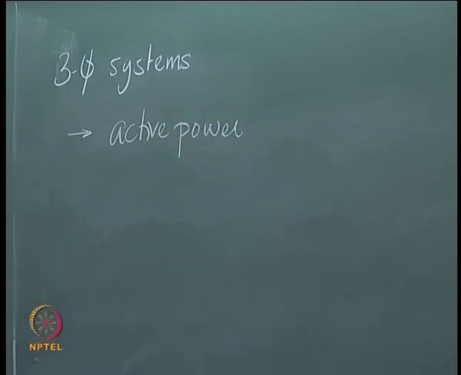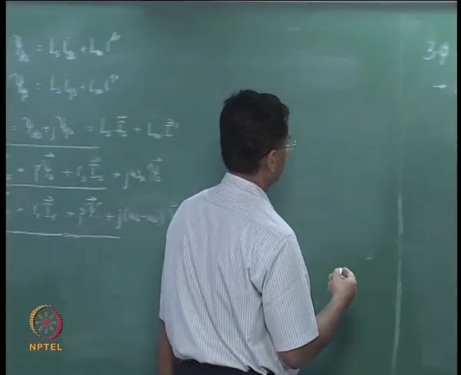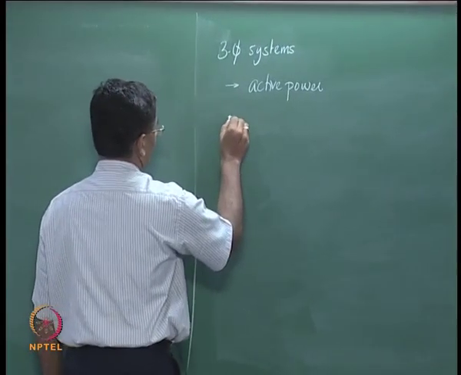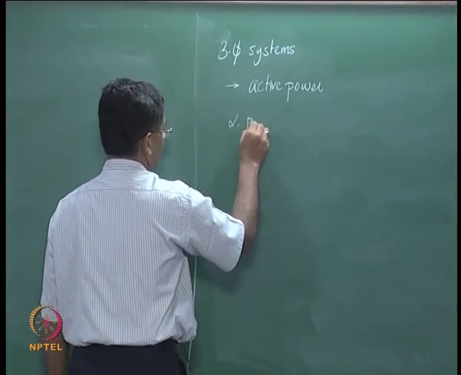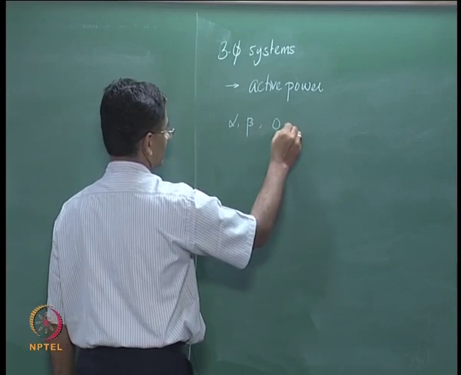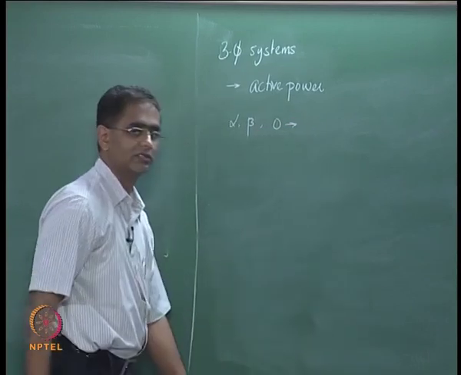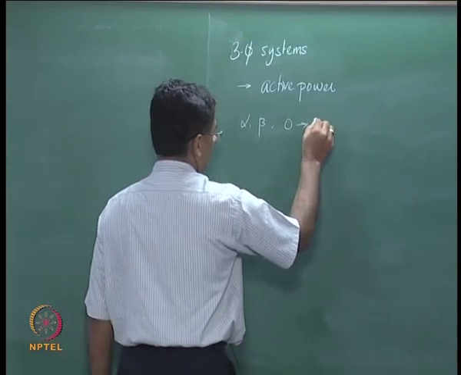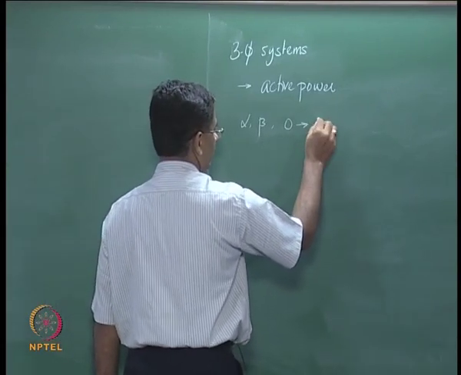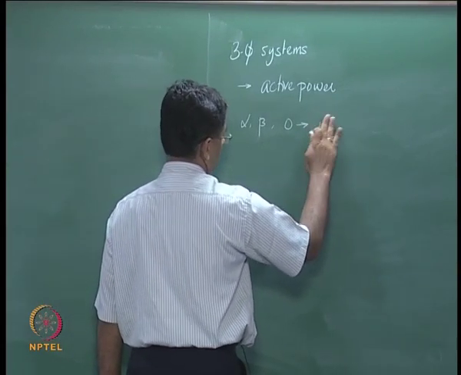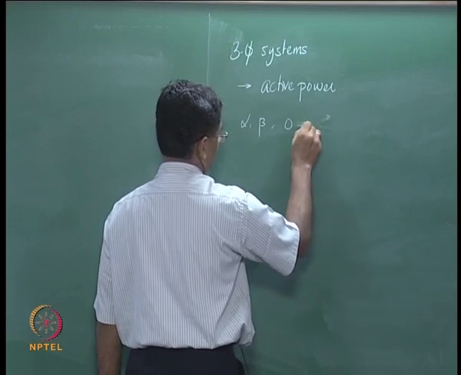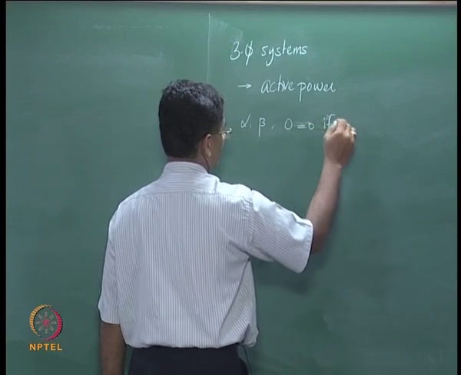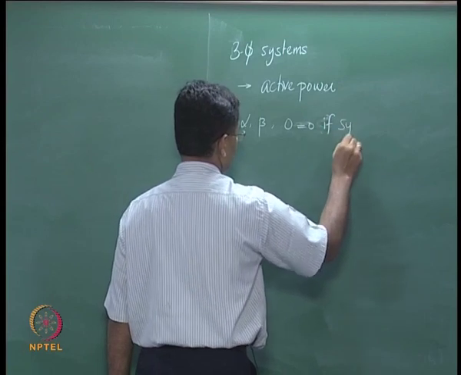What we have done as a part of this analysis is we have converted this 3-phase system to a 2-phase system, and therefore we have the alpha beta axis. We also have the 0 axis, and the 0 axis term is equal to 0 if the system is balanced.